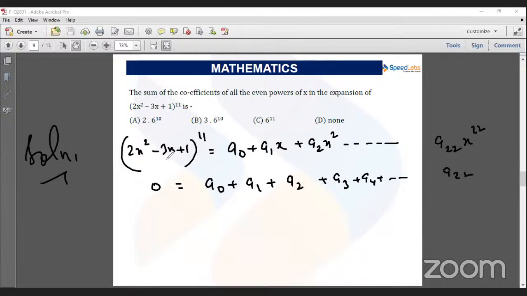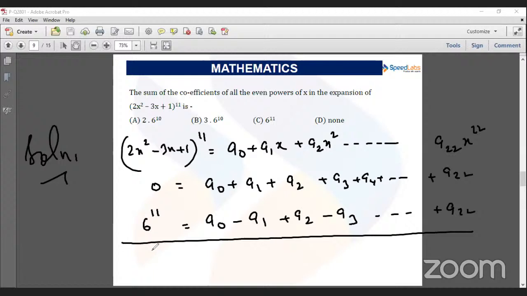And put x as minus 1, we'll get 2 plus 3 plus 1, 6 power 11, is a0 minus a1 plus a2 minus a3 up to a22. Add them both, we'll get 6 power 11 is twice of a0 plus a2 up to a22.